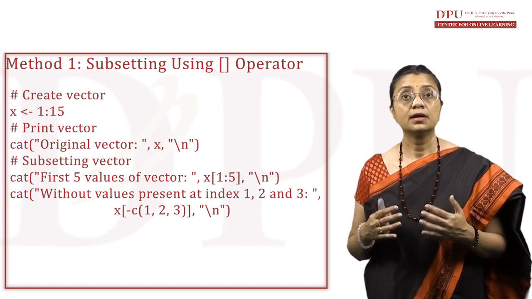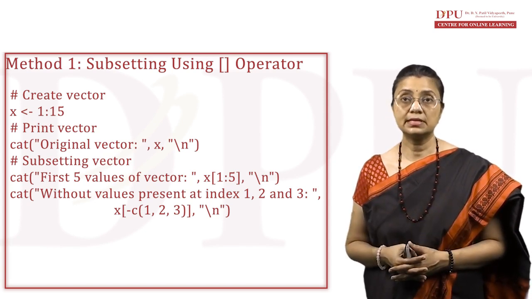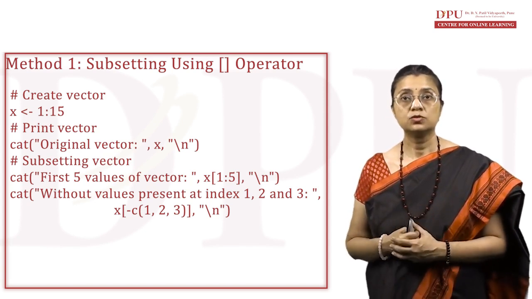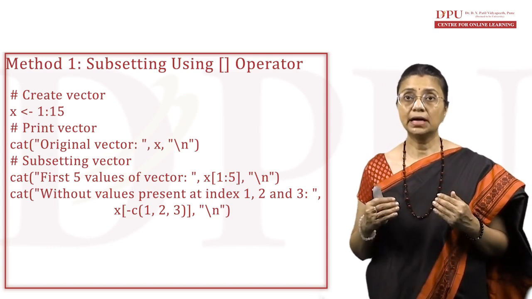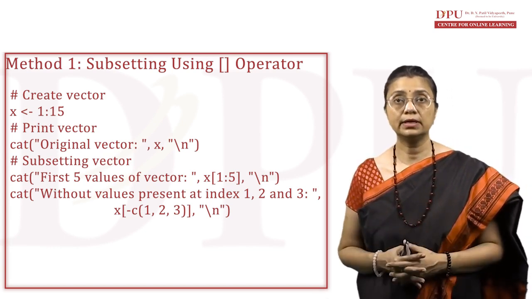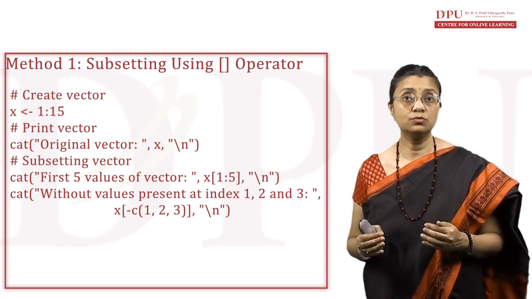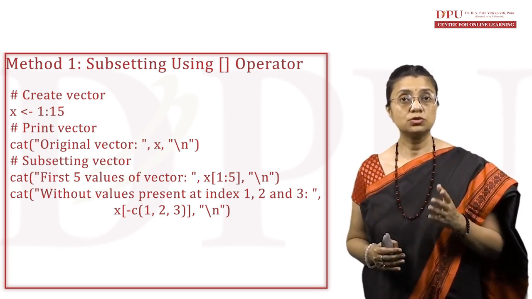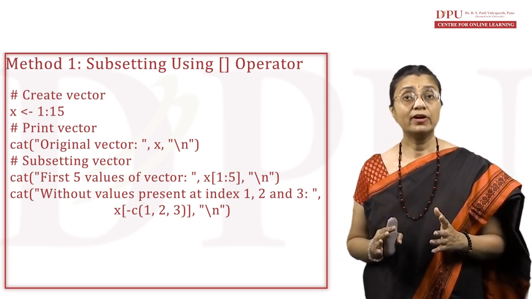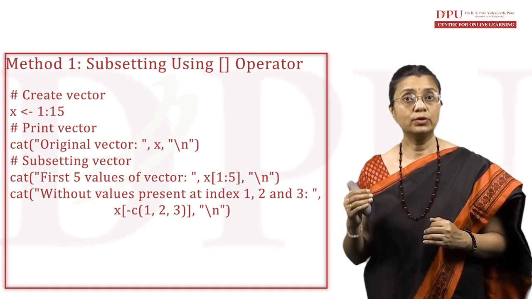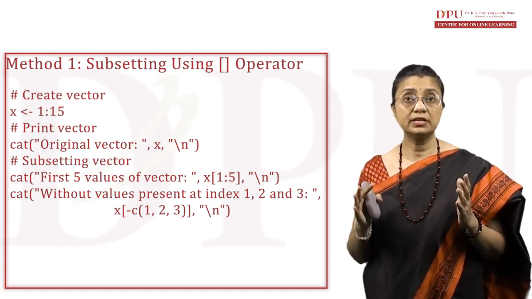Next we are printing without the values present at index 1, 2 and 3. Here I'm passing the index 1, 2 and 3, but I don't want those values to be printed on the screen. So the value at index 1, 2 and 3 is not needed in my subset.